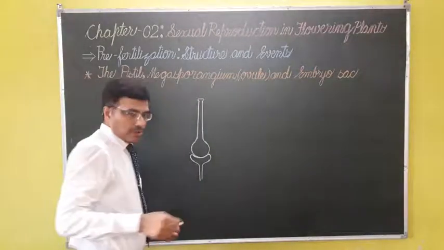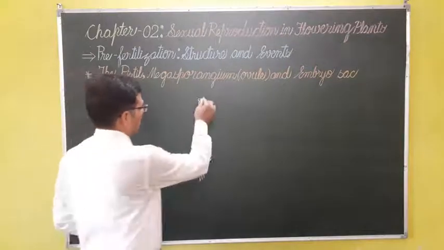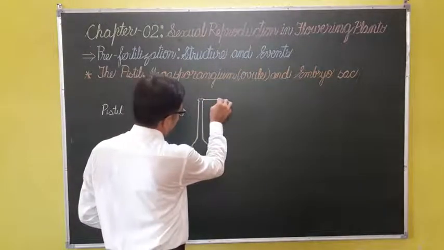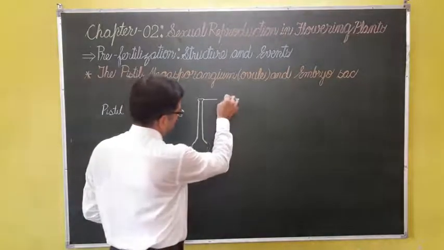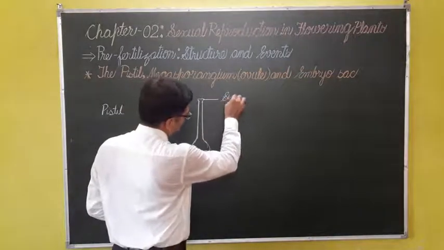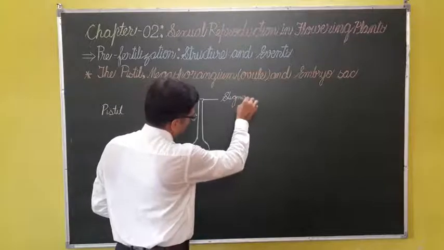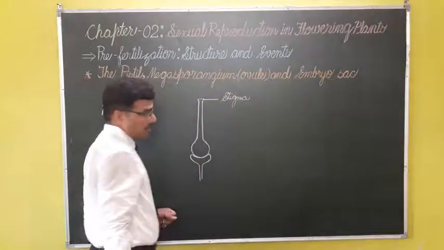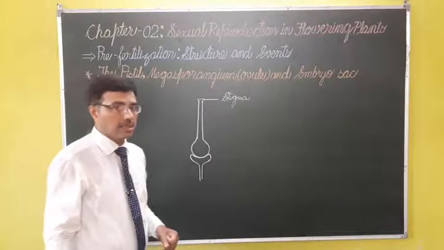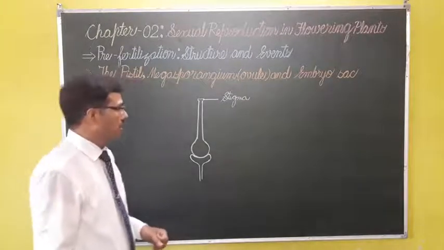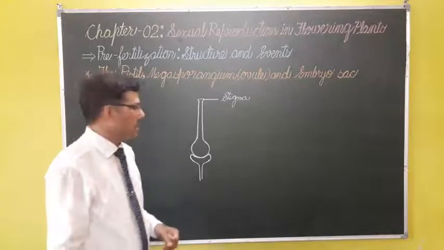So there are different parts of this pistil. At the tip, this is called stigma. Students, do you know what the function of stigma is? Yes, it is the receptive part of the flower. In this way it receives the pollen grains.